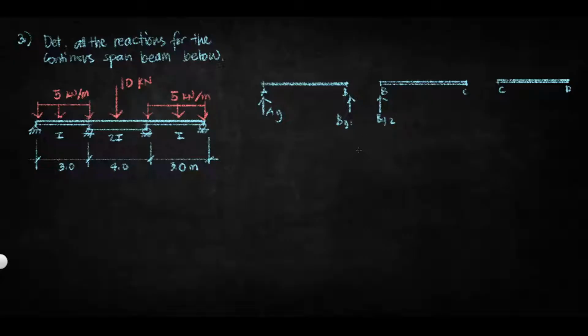Then, to solve the total reaction at point B, so that is BY, simply BY1 plus BY2 lang. Okay, so ganun din dito sa point C, so we have CY1, then we have CY2, then add lang natin yan.